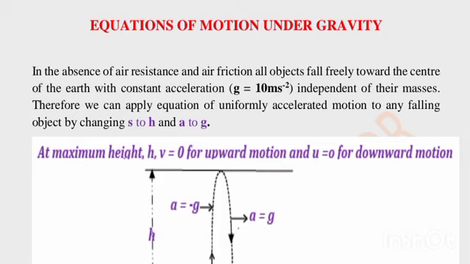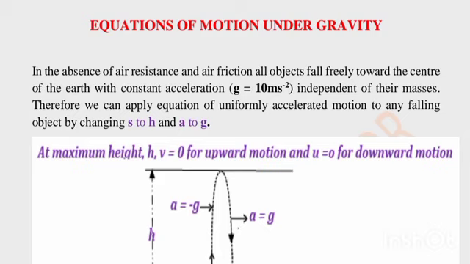In this video, we are going to be using this value because it's an approximate value, though it's not the same everywhere. But for the sake of what we are discussing in this video, we are going to stick to this value, which is 10 meters per second squared. And no matter how big or small the body is, as long as the air resistance is absent, we believe that all objects fall with this acceleration, which makes the motion of an object under gravity a uniformly accelerated motion.